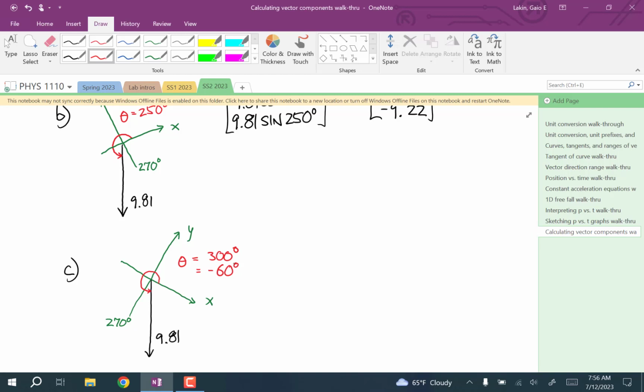So now pause the video and see if you can come up with the components using this angle. Okay, the components then should be 9.81 times the cosine of 300, or you could use the negative 60, you'd get the same answer, and 9.81 times the sine of 300.